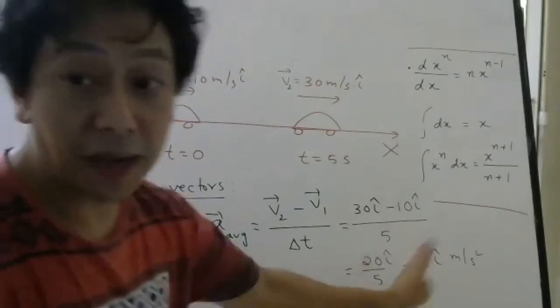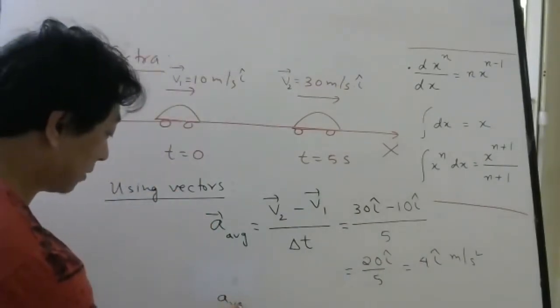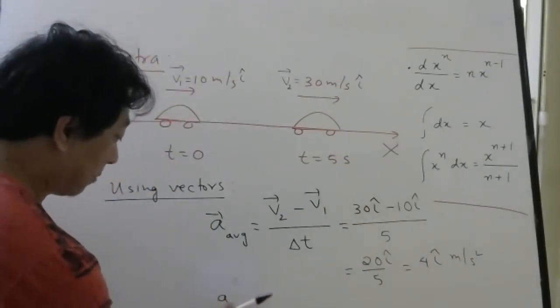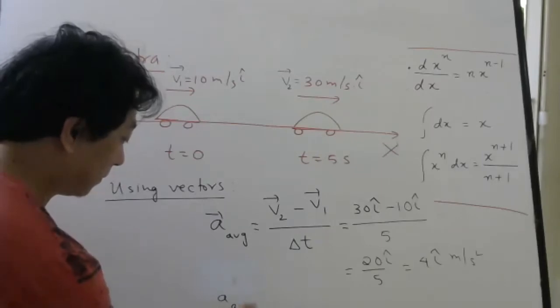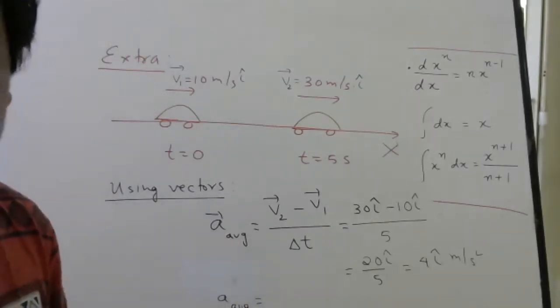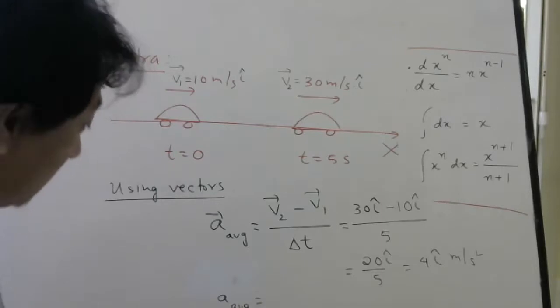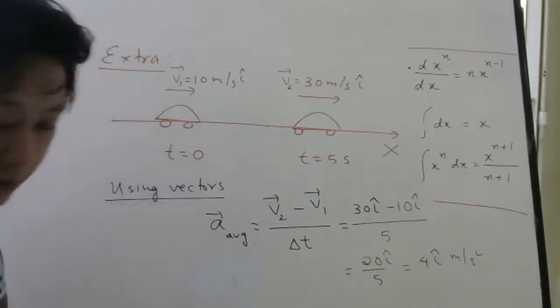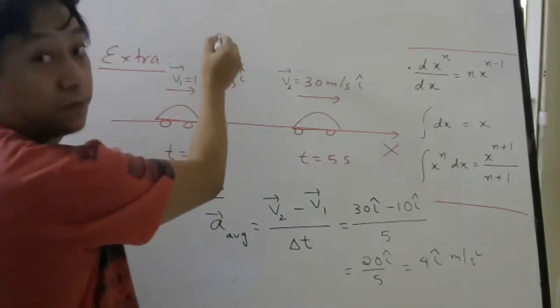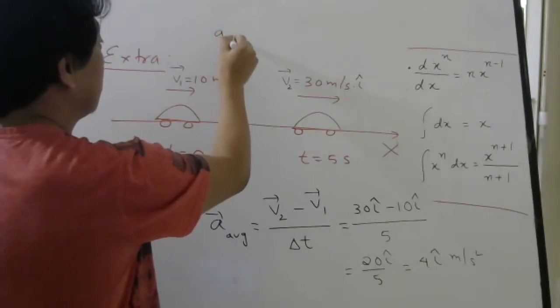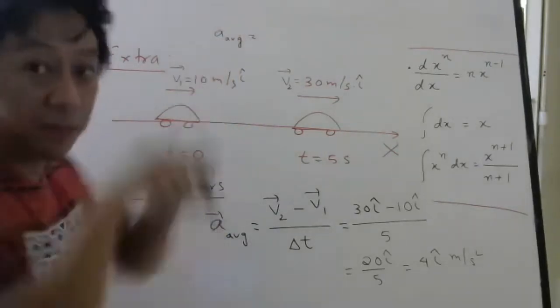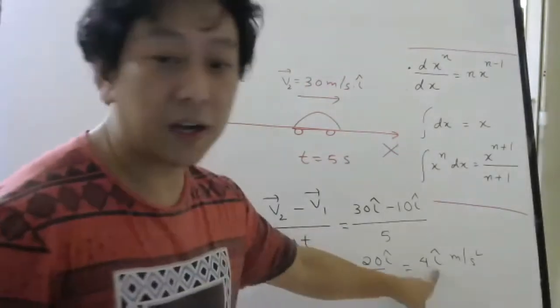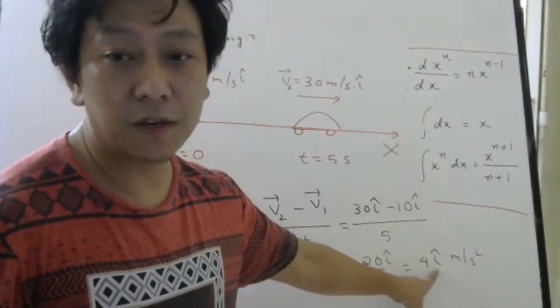Now, if I take the magnitude, that is, the modulus, what is the modulus of a unit vector?